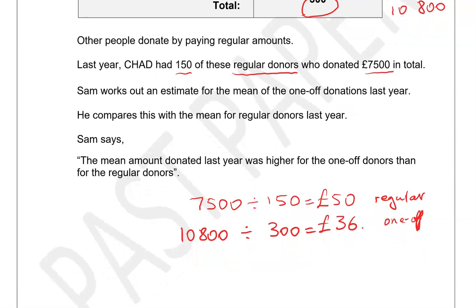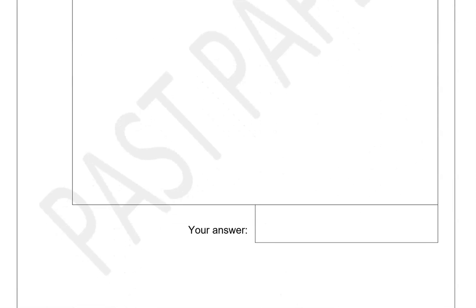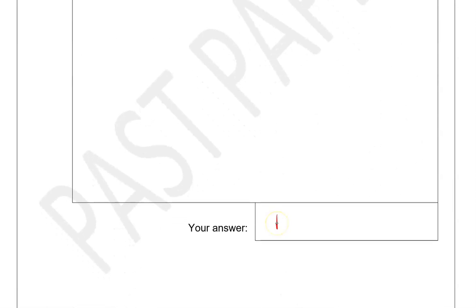Sam says the mean amount donated last year was higher for the one-off donors than it was for the regular donors. Is that correct? No, it's not, because for the one-off ones that's lower, 36. So we're going to say no. And we've shown the working out.